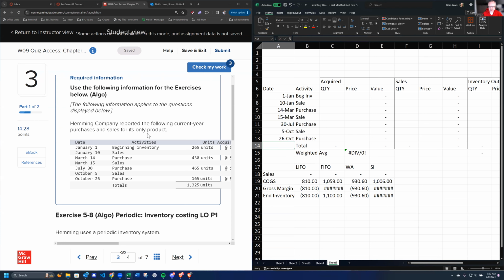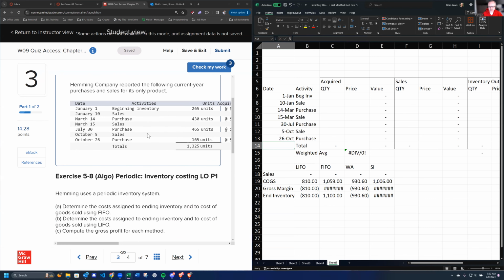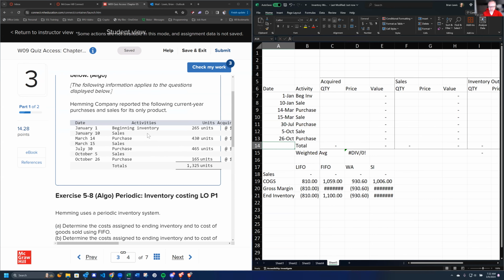Okay, let's just double check. Periodic inventory system. Looks like they're based in periodic on the full year. Okay, so we got a sale, purchase, sale, purchase, sale, purchase, and a total. All right. So acquired, we have 265 units, 430, 465, and 165.